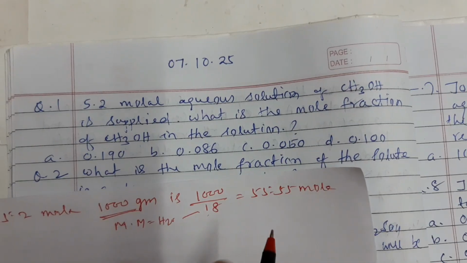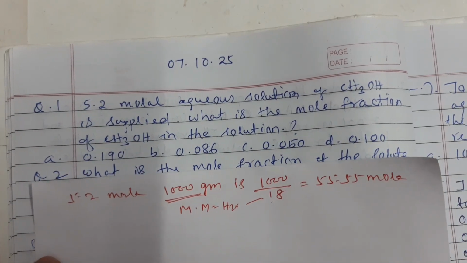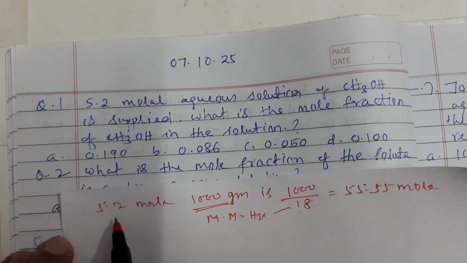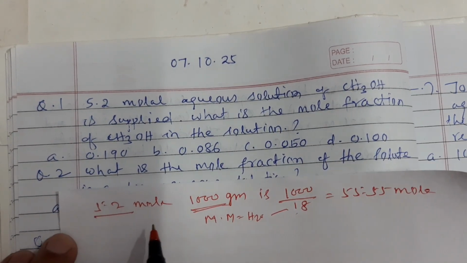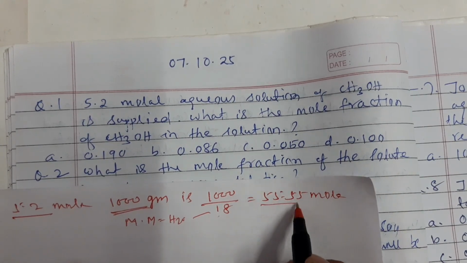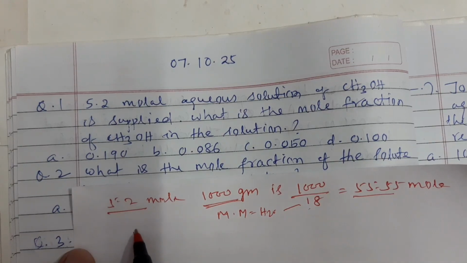mole. So now you will calculate mole fraction. This is how we will calculate. The solute is 5.2 mole, and the solvent is 55.5 mole. Then what is mole fraction?